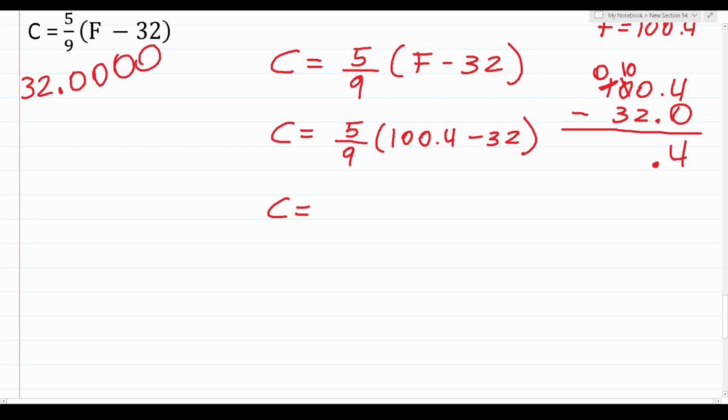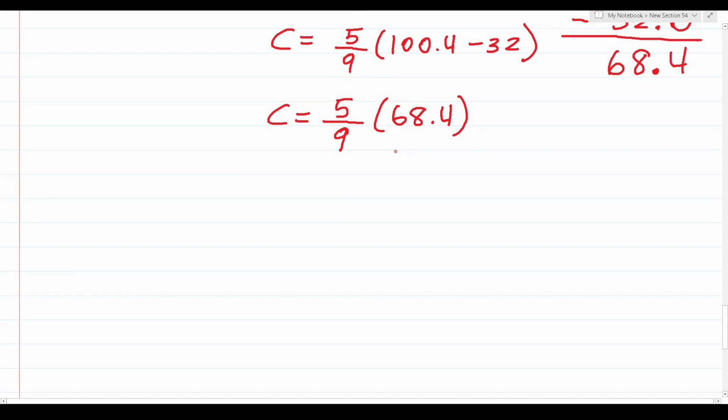And then we have to borrow one more time, so this will become 9, and this will become 10. 10 minus 2 is 8. 9 minus 3 is 6. And then 0 minus nothing is 0. So we can see that this becomes 5 over 9 times 68.4.